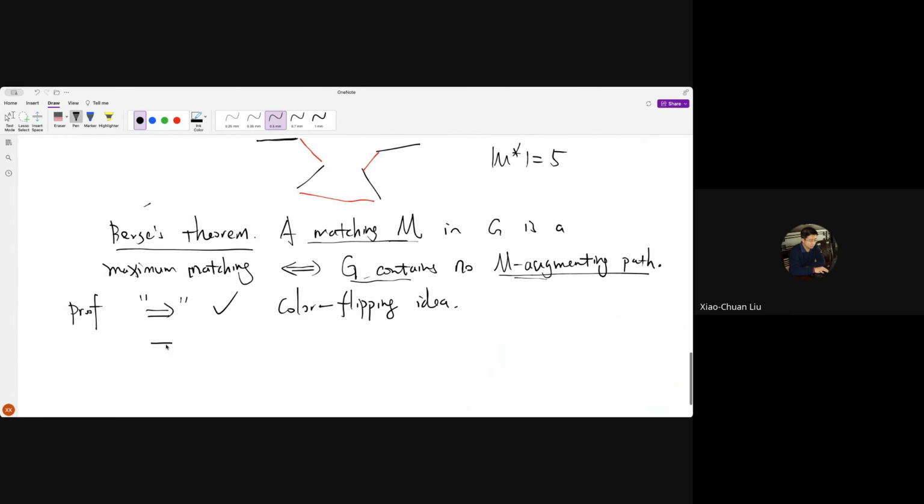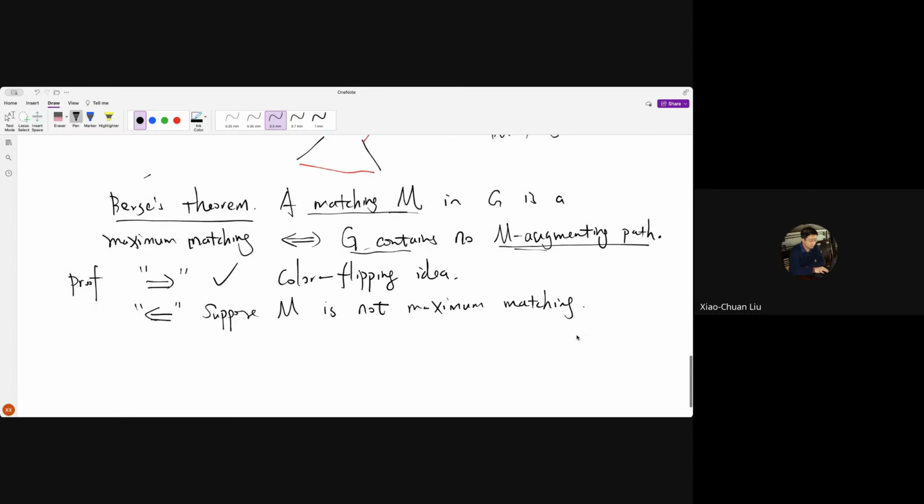Okay. So the other direction we have to work a little bit. What we want to do is, again, make the converse, the equivalent statement. Suppose M is not a maximum matching, and then we want to look for an M augmenting path.